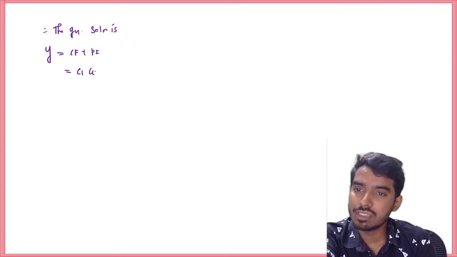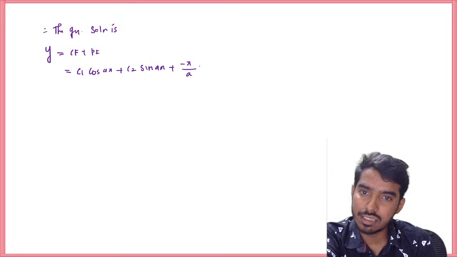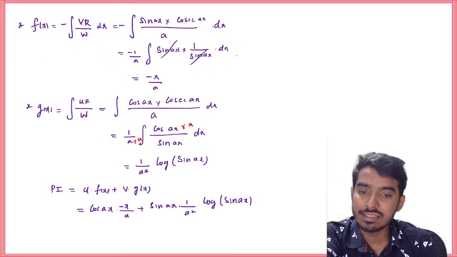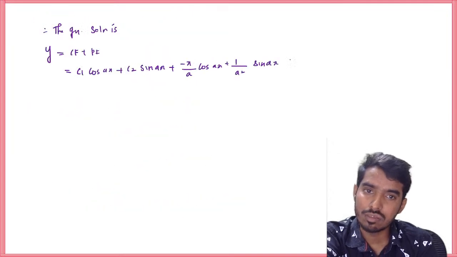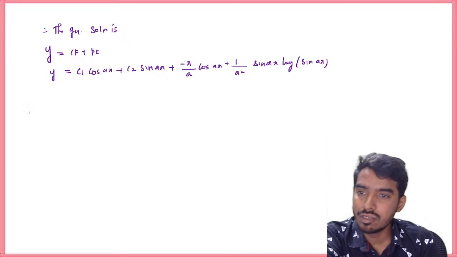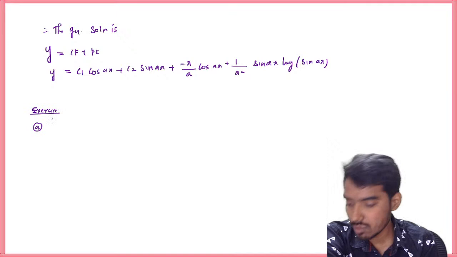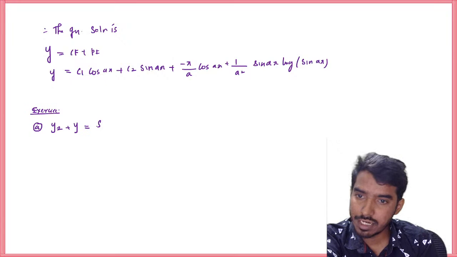So CF is c1 cos ax plus c2 sin ax, plus PI is minus x by a cos ax plus 1 by a square sin ax log of sin ax. This is your general solution. That's it. I'll give you some exercise problems based on this problem: y2 plus y is equal to cosecant x.